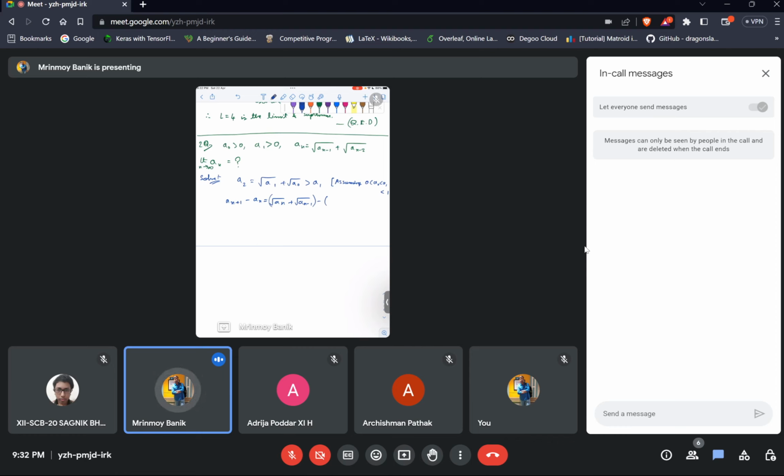So AN plus 1 is square root of AN plus square root of AN minus 1, and AN is square root of AN minus 1 plus square root of AN minus 2.